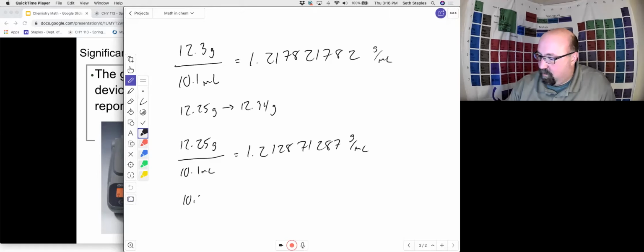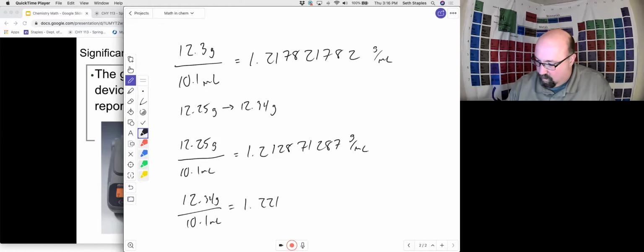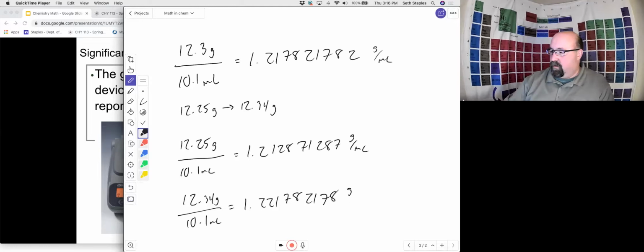And likewise, if it were closer to the upper end, if it was 12.34 grams divided by 10.1 milliliters, then I get 1.22178178 grams per milliliter.